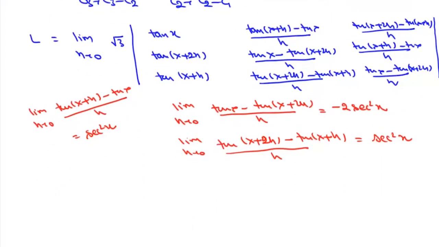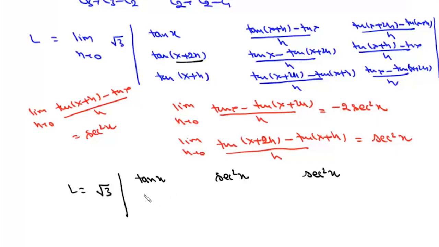So using these limits, we can write this limit L as root 3, and then it will be this tan x, here will be this secant square x, and here it is x plus 2h.